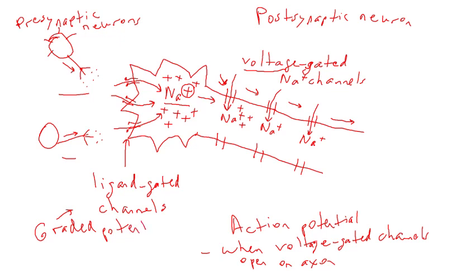And so graded potentials, when these channels open and the ions come in. So in this case, the graded potentials that came in were the positive charges. And so only if positive charges come in, then that can open the voltage gated channels. Otherwise, those voltage gated channels cannot open.